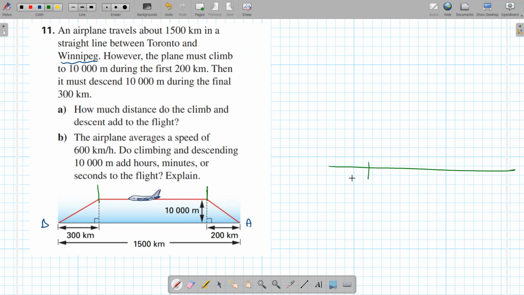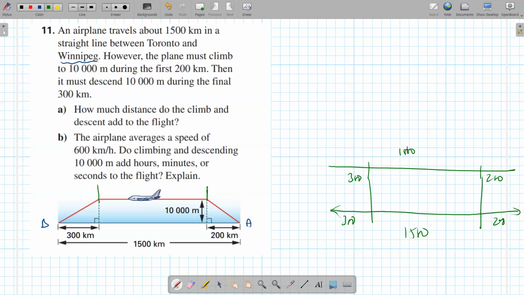Okay, well, think of it this way. If this is 300, if this is 200, the entire thing is 1,500. So what's the distance between here and here? It's 1,000, right?